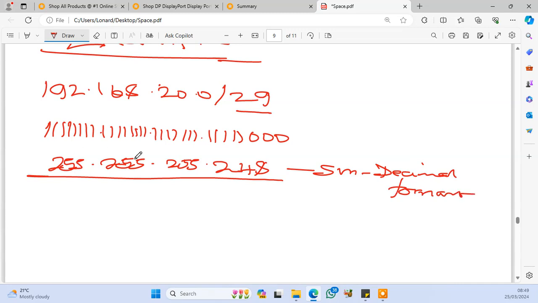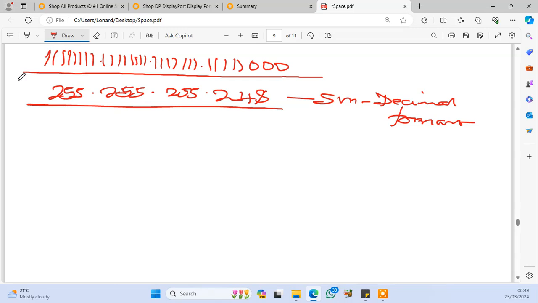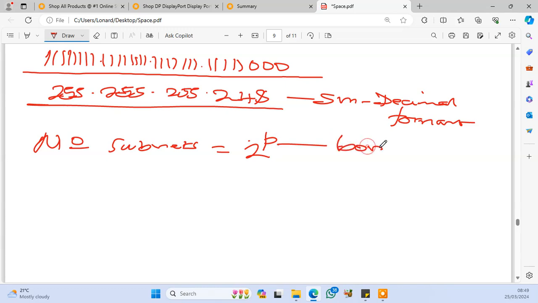Okay, so once we have the subnet mask in binary format, we'll be good to use these formulas. Number of subnets is equal to 2 power P, the P bold bits.